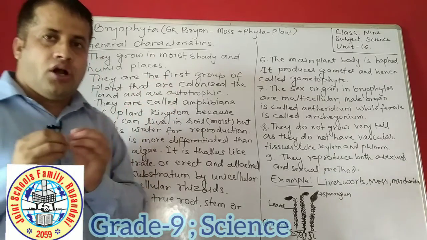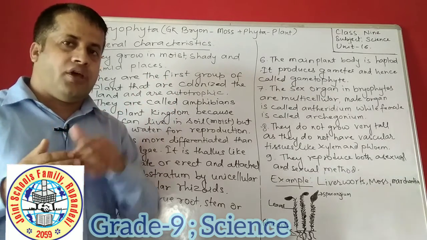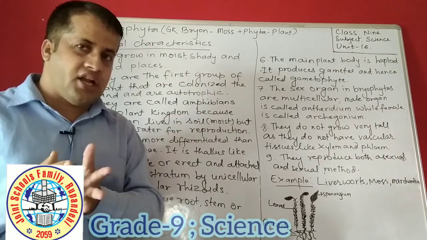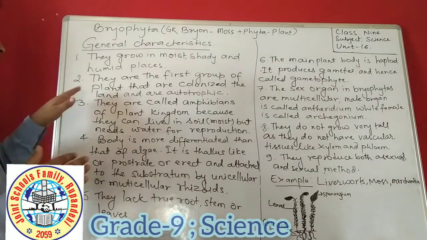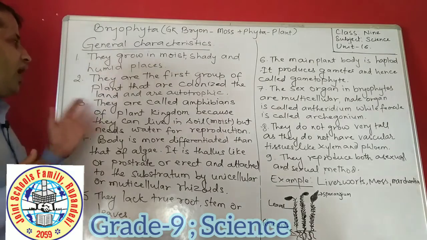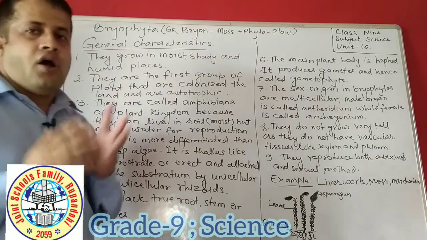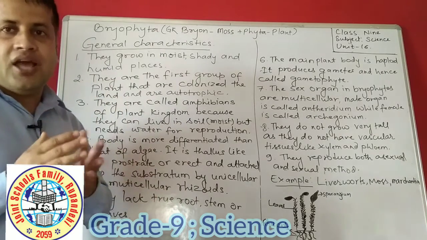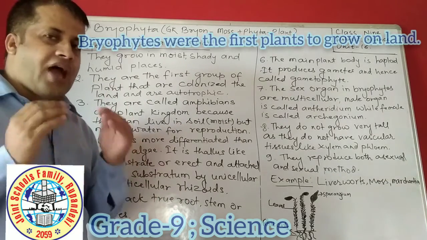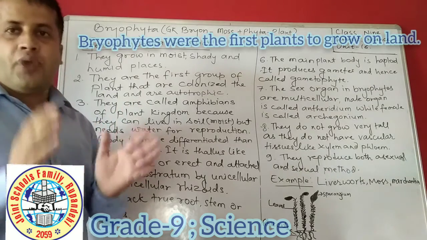They will not grow in an area with direct sunlight exposure. They are the first group of plants which colonized the land, so we can say they are the first terrestrial plants.